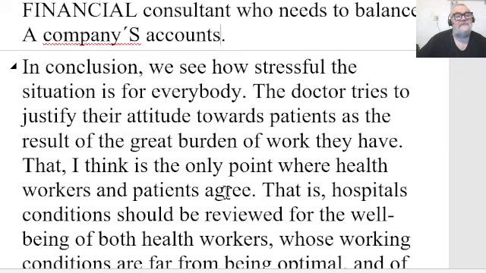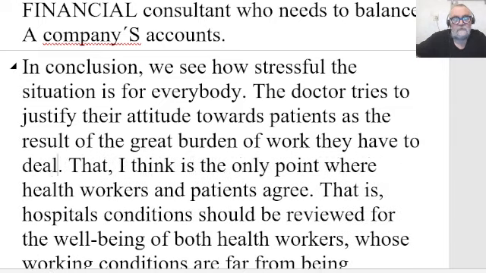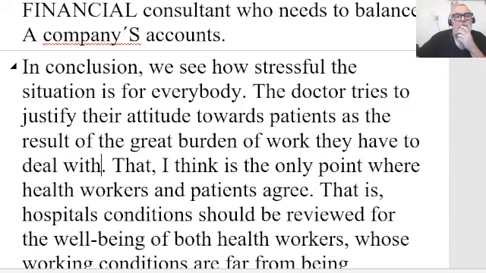The doctor tries to justify their attitude towards patients as the result of the great burden of work they have to deal with. I'm going to add a couple of words. That, I think, is the only point where health workers and patients agree.